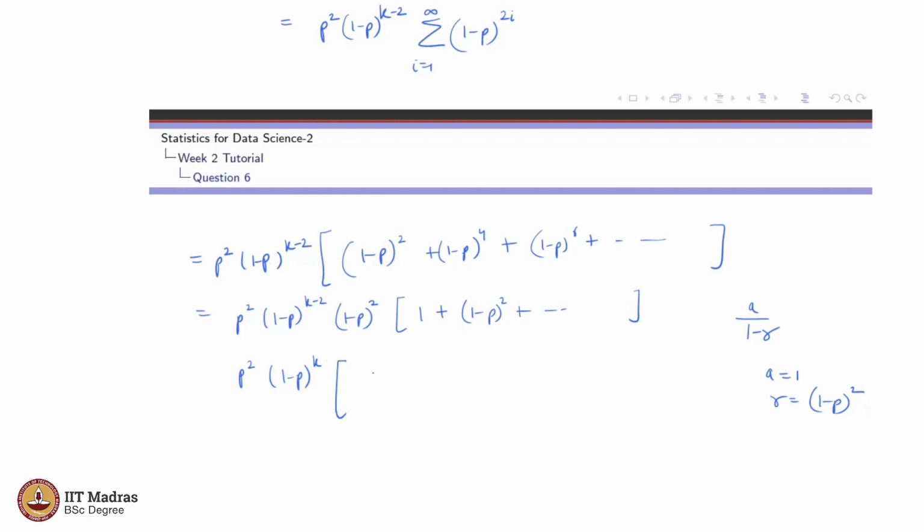And this is going to be 1 upon 1 minus (1 minus p) whole squared, a upon 1 minus r, right? Now if you solve the denominator part here, you will get 1 minus 1 plus p squared minus 2p. So this is nothing but, sorry, this is 2p minus p squared.